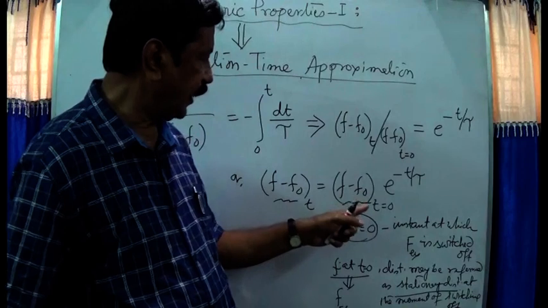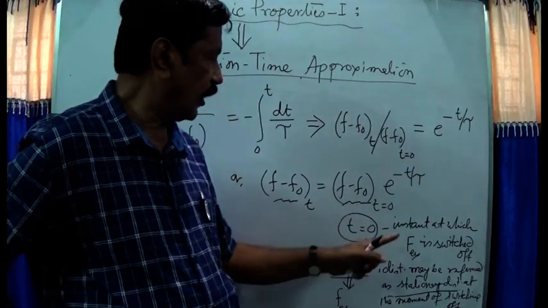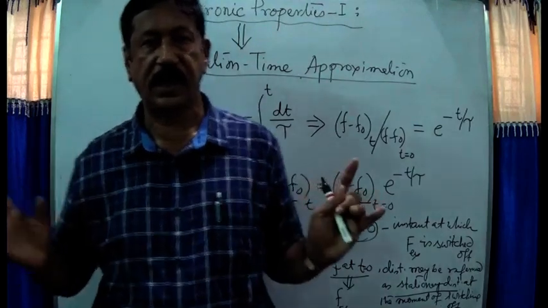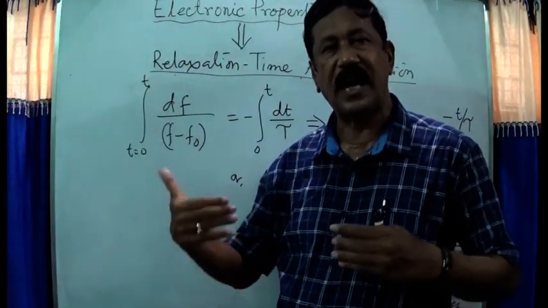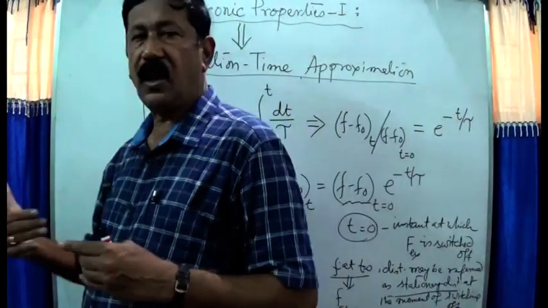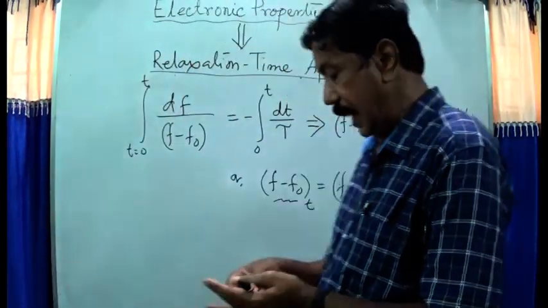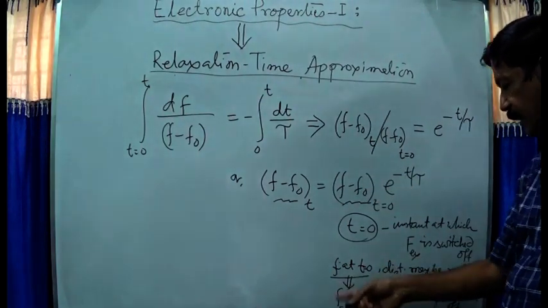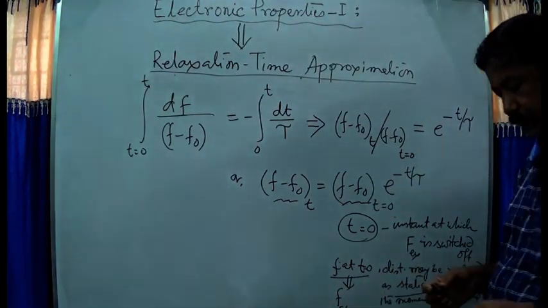At the time of onsetting the switching off condition, there is a stationary distribution already attained as an effect of the external field, and that distribution is referred to as f static.